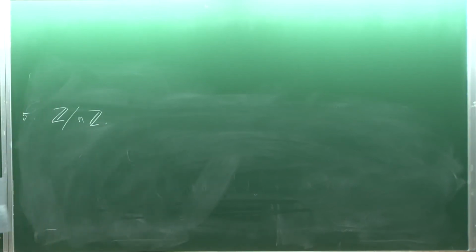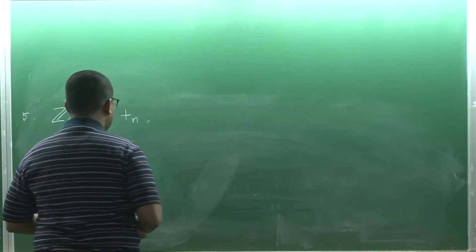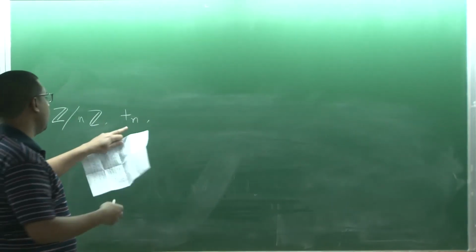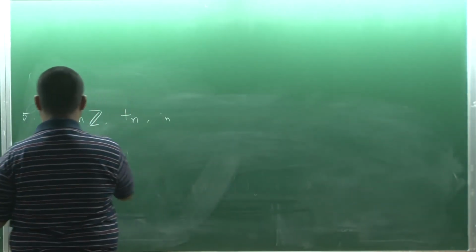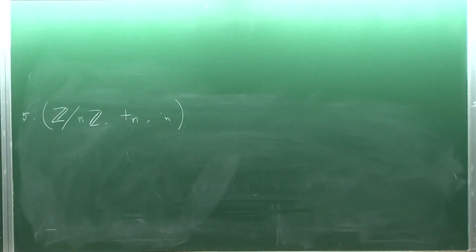For any natural number n, this class of modulo classes, modulo n, with respect to addition of modulo classes, which is denoted by this, and of course multiplication of modulo classes, forms a ring. And this is a commutative ring.